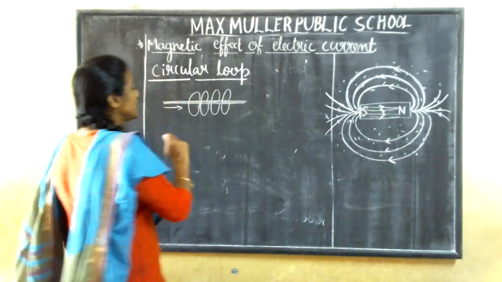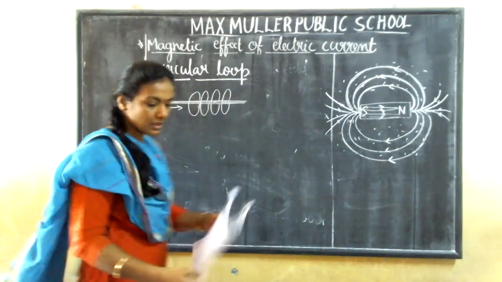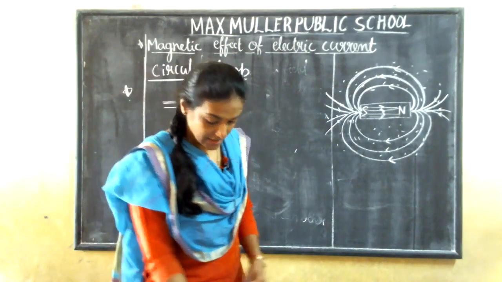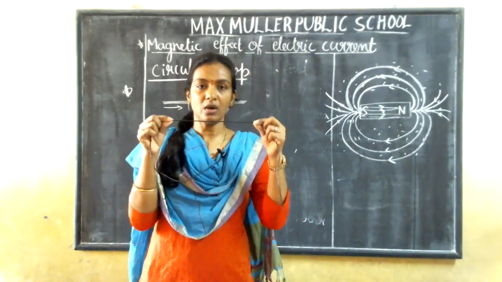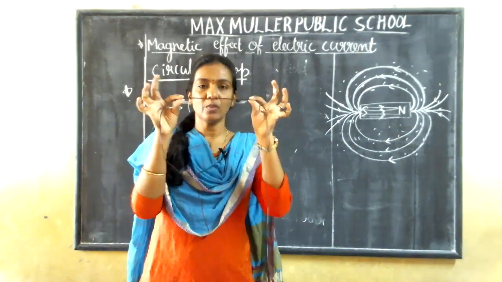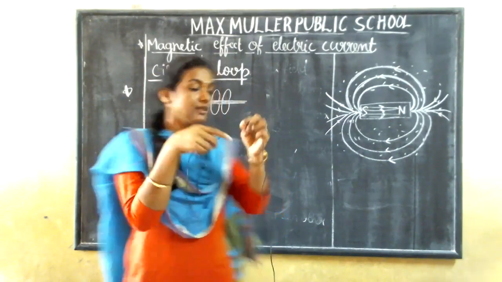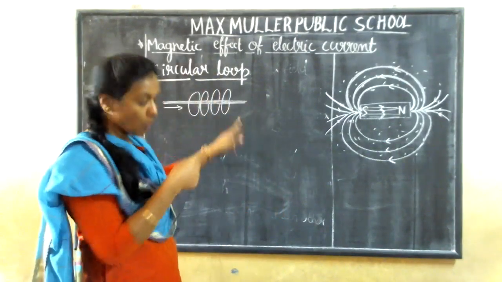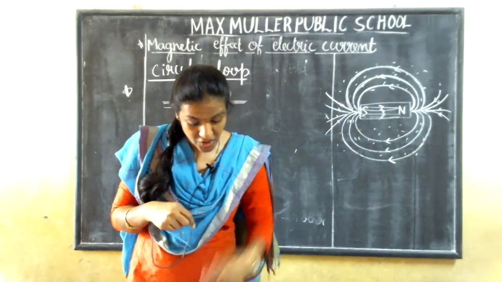So what I'm doing here is I'm going to fold this wire. Here one wire is there, this is one single wire. Only this much I'm going to take. Think that this is one straight wire. What we learned here: magnetic field due to a current through a straight conductor.